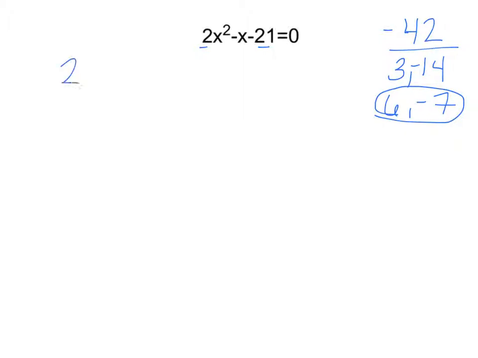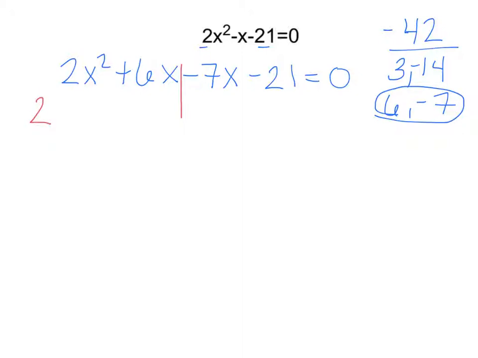So I take 2x squared plus 6x minus 7x minus 21, and that equals 0. I split it down the middle, take out my GCF, 2 and 6, I can take out a 2, x squared and x, I can take out an x, so I get x plus 3.